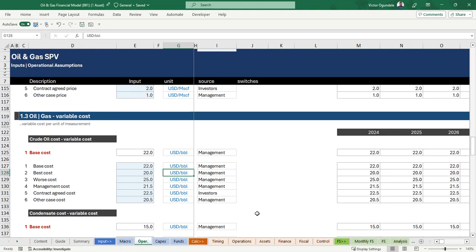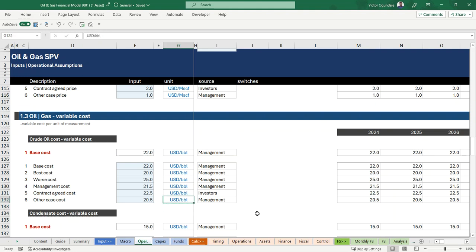There are scenarios where your variable cost might not be per measure of the oil output; there are cases where it will just be an absolute value. But most times, based on best practice, it's your variable cost because it changes with your level of output. So most times it's based on your measurement, whether you are using BBL or whatever measurement you are using.